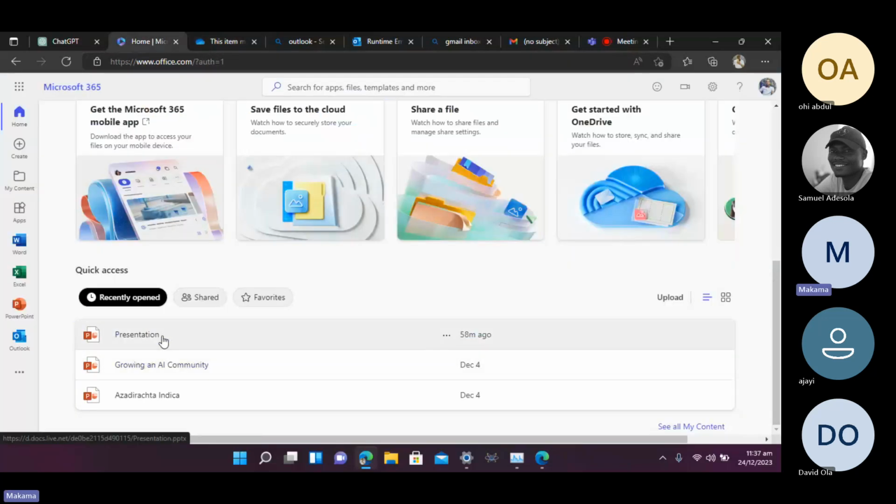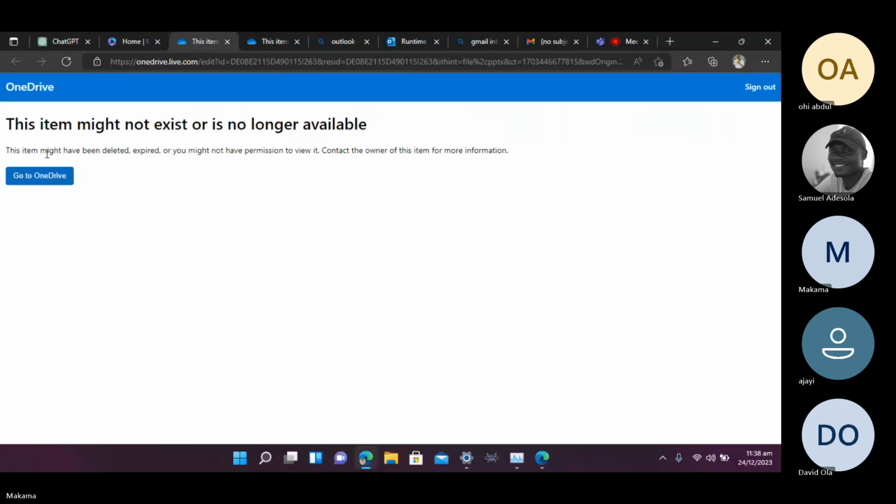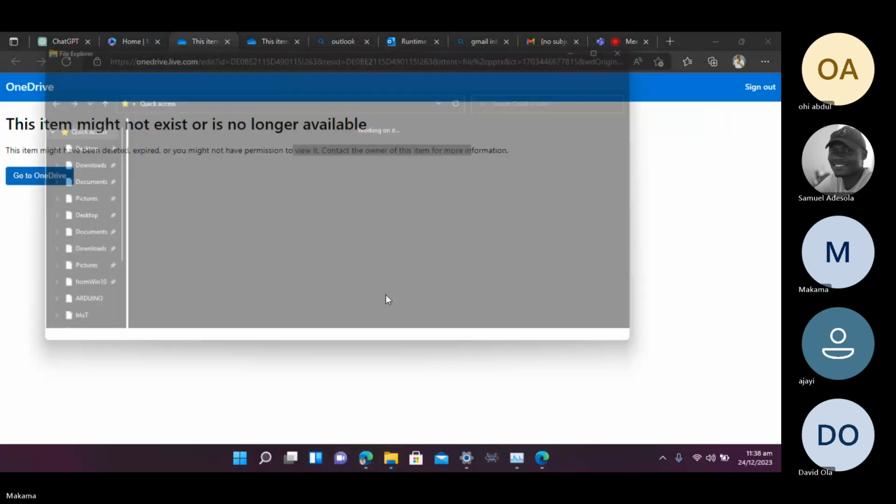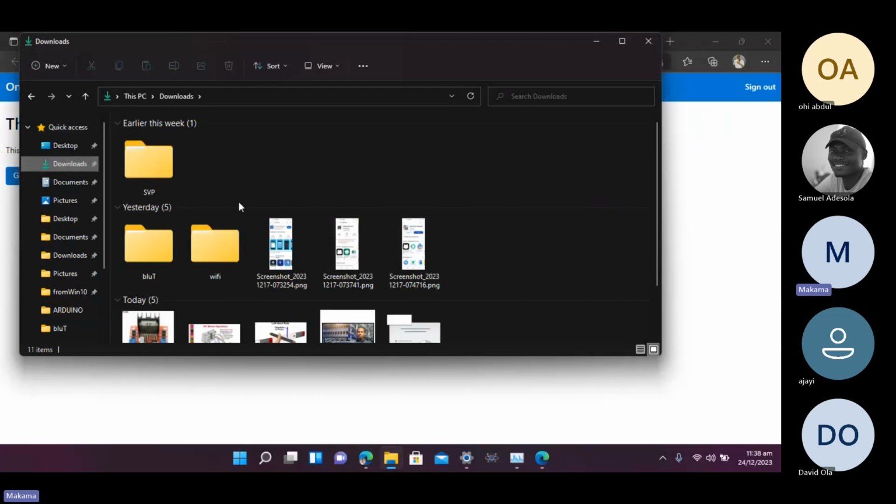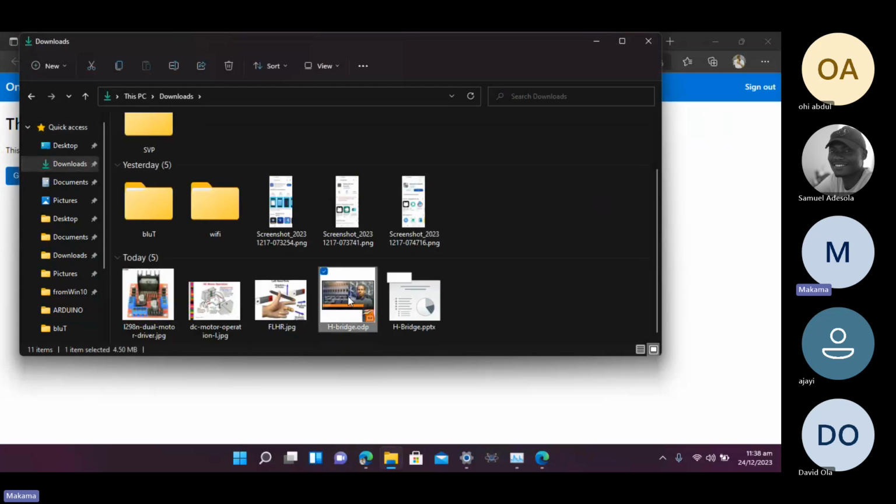Let me just check. It doesn't want to show. Let me just check. Thank God I've downloaded it.